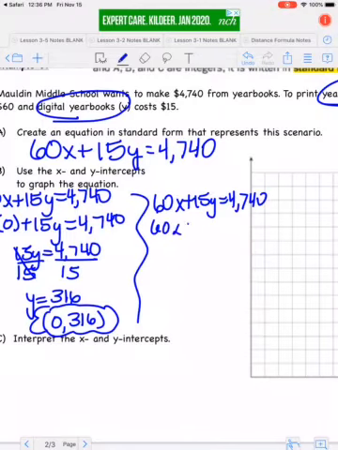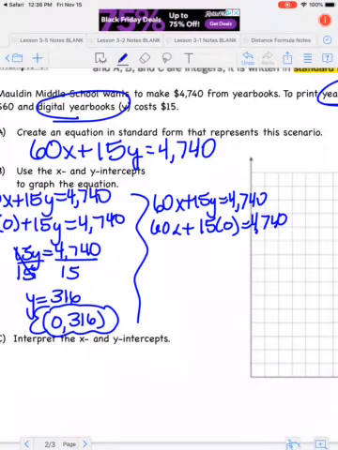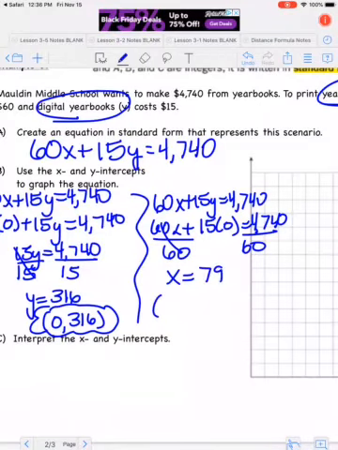So I have 60x plus 15 times 0 equals 4,740. And I'm going to then divide by 60. And my x is going to equal 79. So my x-intercept is 79, 0.